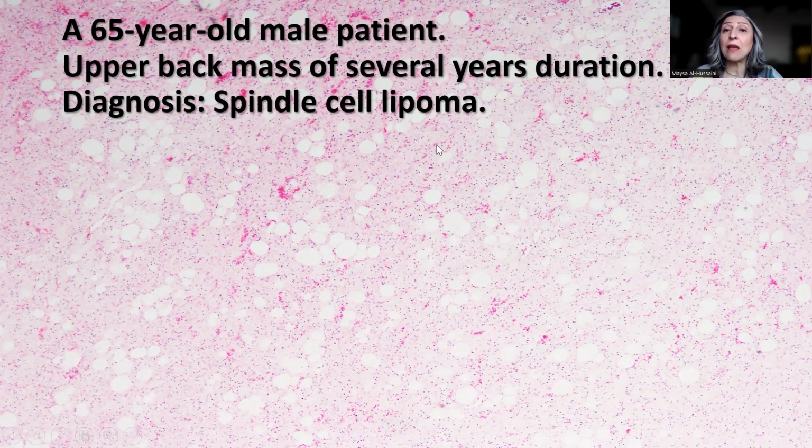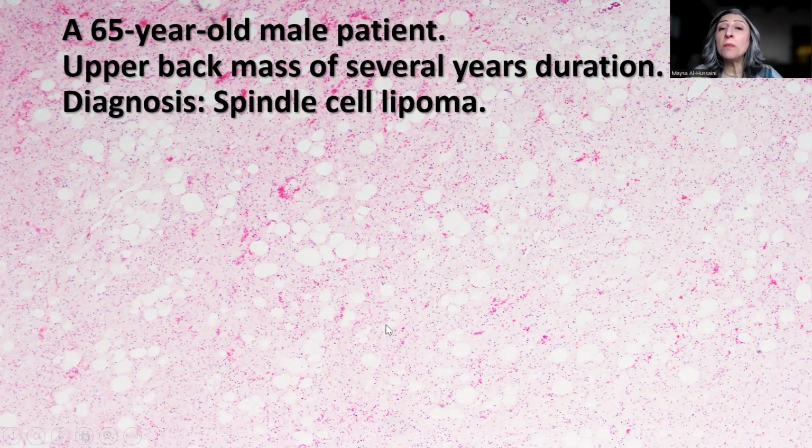Remember that spindle cell lipoma can be fat cell or lipomatous component rich, but it also can be lipomatous component poor. The clue would then come from the clinical details, that we should always be sure to have an adequate clinical input as well as the location of the tumor.